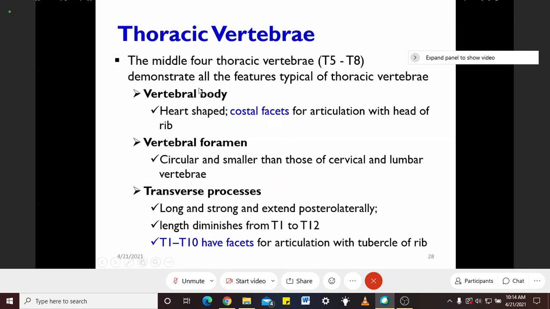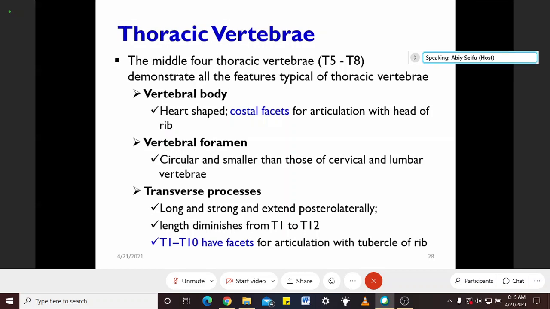The main identification feature, whether a given vertebra is categorized under thoracic vertebra or cervical, is identified by the presence of a facet on its body and its transverse process for the articulation of the ribs. In addition to that, there are also other features that make it unique in the thoracic region.